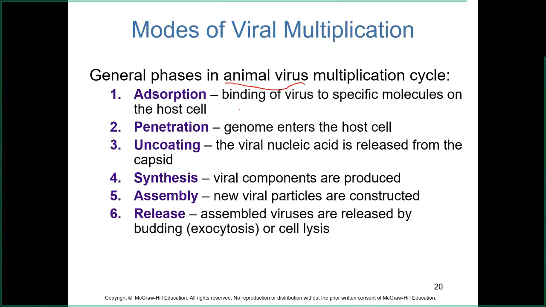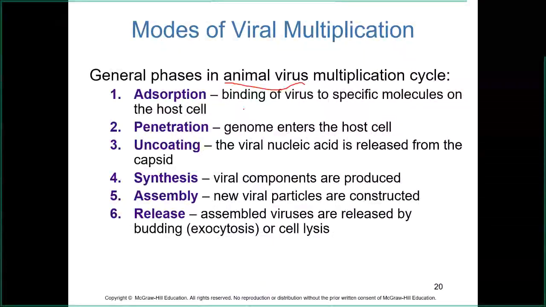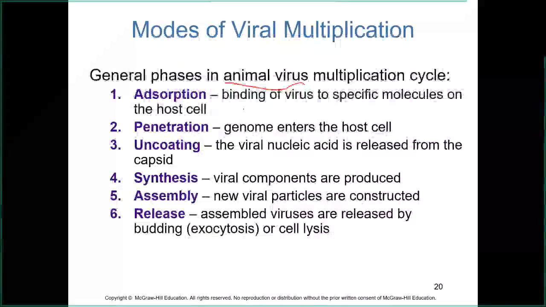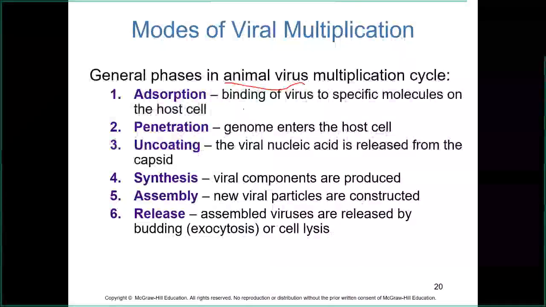That's going to determine what hosts the virus can infect. And it may actually be so specific that it determines what cells in the host. If it's a multicellular organism with tissues and organs, there may be just certain tissues, certain organs that can be infected. Not all of those cells are going to have exactly the same receptors.